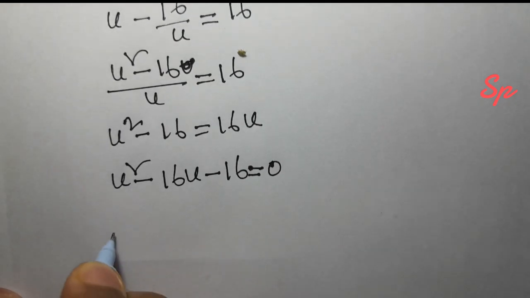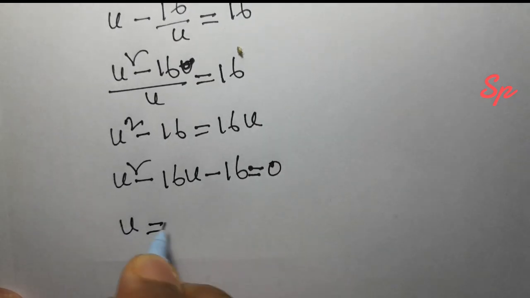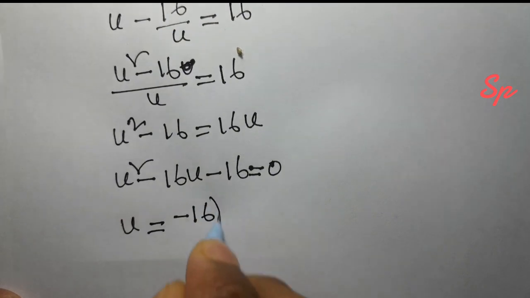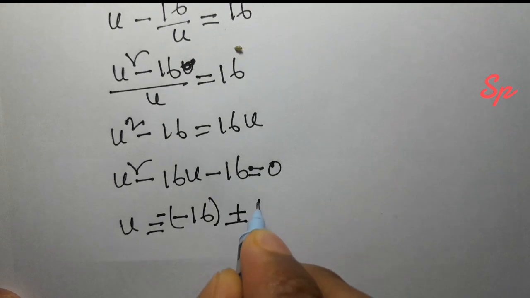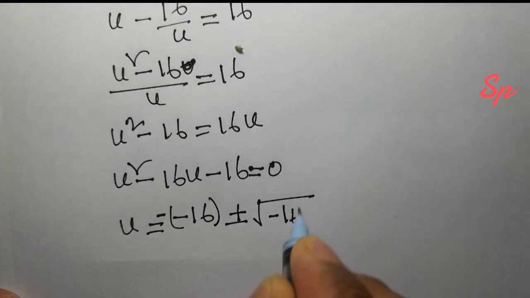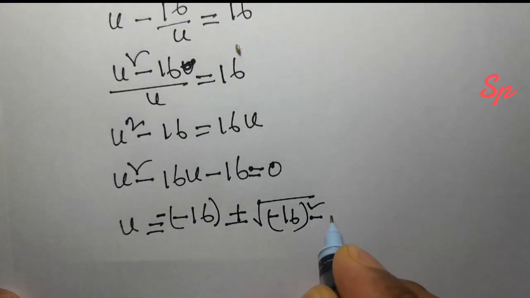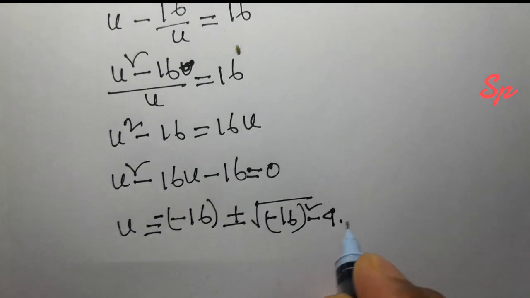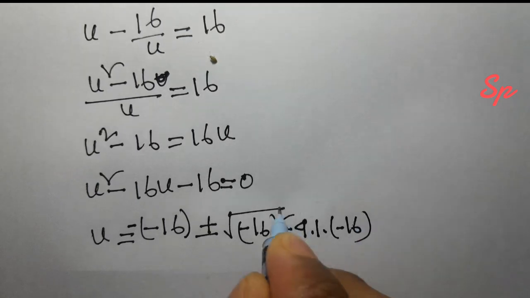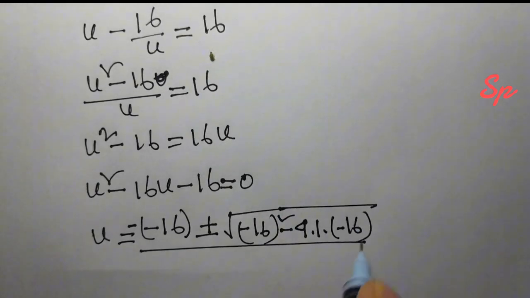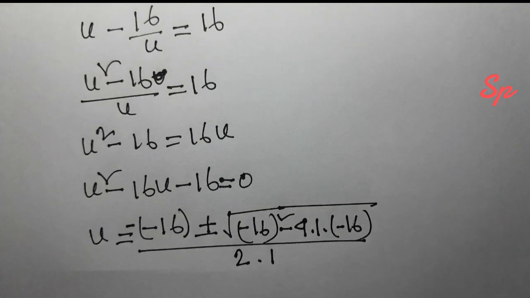Now we can use the quadratic formula: u is equal to 16 plus minus root over minus 16 all square minus 4 into 1 into minus 16, by 2 into 1.